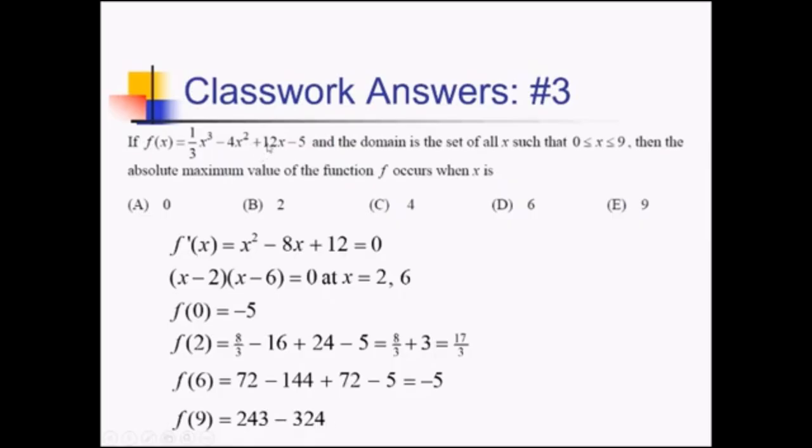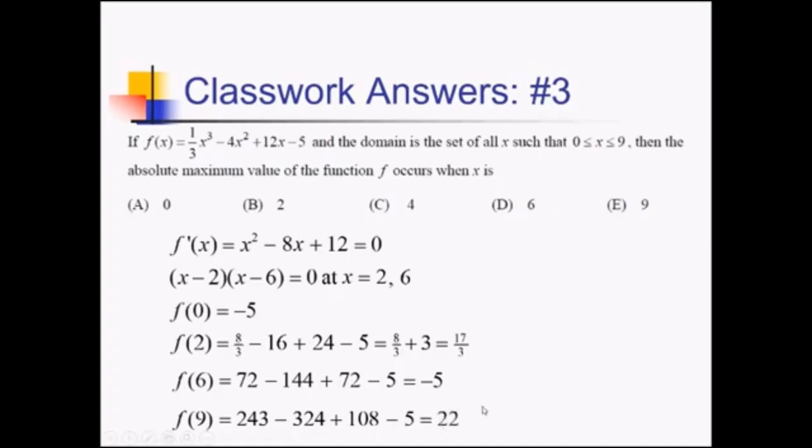And then we have 9 times 12, which is 108, then minus 5. This is more painful to get together, but let's give it a shot. I'll do the positive numbers first. So I have 108 and 243 being added together. That's going to be 351. 351, take away 324, is 27, minus another 5 is 22.